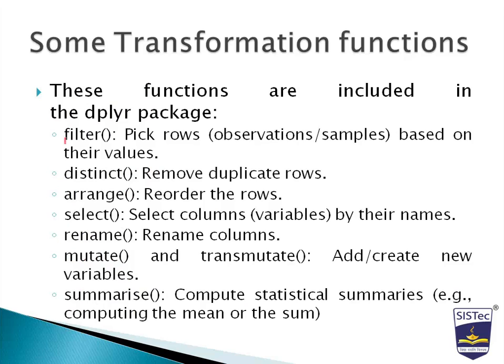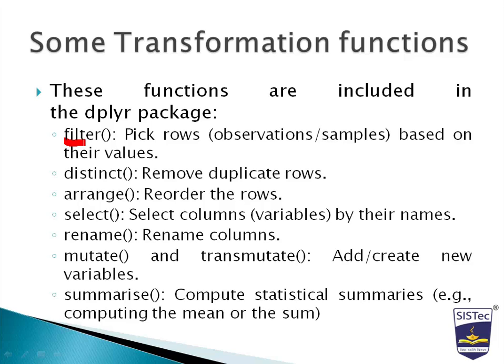Now, some transformation functions that are majorly used to transform the data. Filter is used to pick observation samples based on the values. Distinct is used to eliminate duplicate rows. Arrange is used to reorder the rows. Select is used to pick column variables by their names.